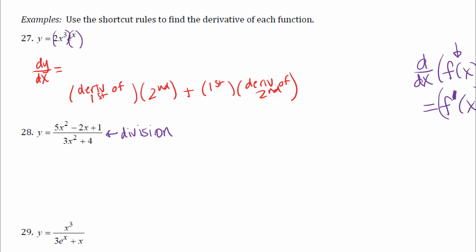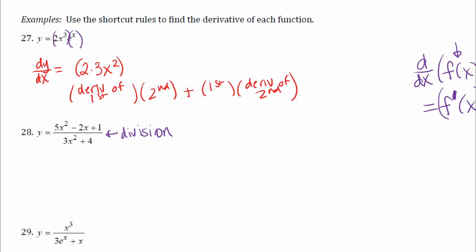And then if you've written that down, then you're just kind of following the steps through the problem. So derivative of the first function, I want to find the derivative of 2x cubed. So the 2 is going to just come along, and then that's going to be times, I'm going to bring down the exponent and subtract 1, so 3x squared. Or if you're good at this and you've kind of gotten the hang of this a little bit, you could just write that as 6x squared.